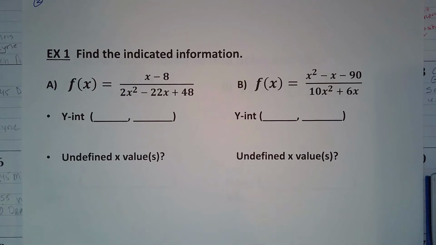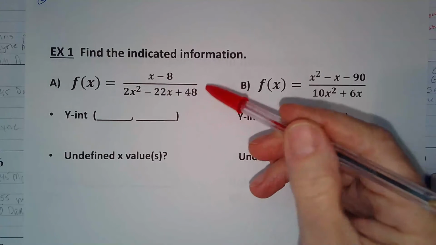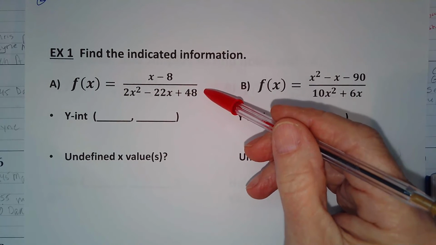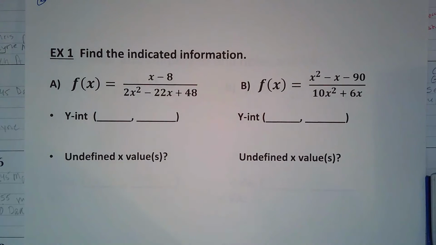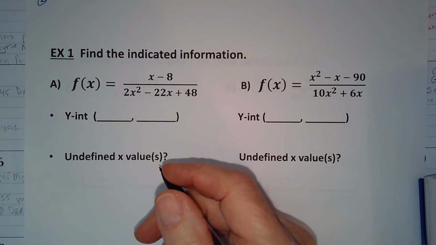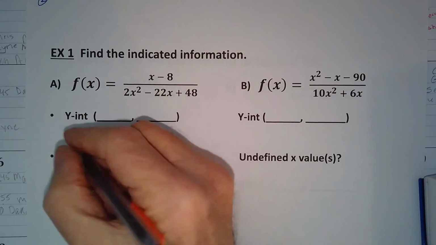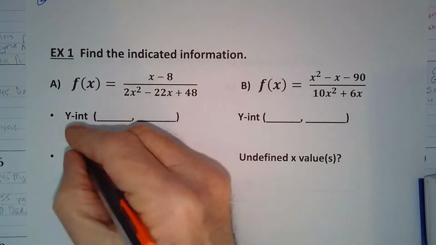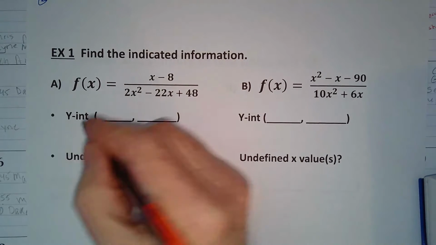And so here you have a function that's composed of a fraction. So this is a rational function. And the first thing we want to do is find the y-intercept. To find the y-intercept, you're going to need to set x equal to 0. So I'm going to take f of x and set it to f of 0. X is going to equal 0.